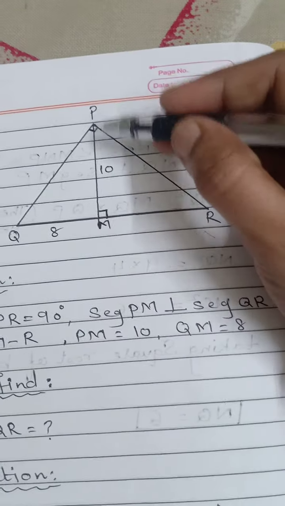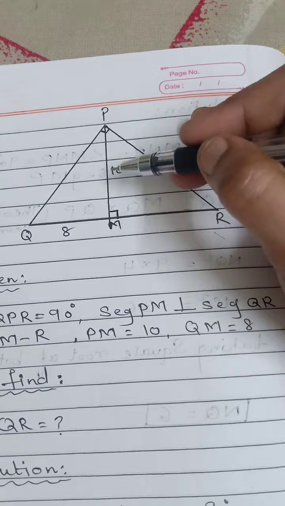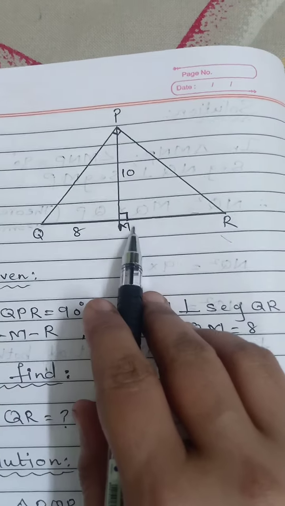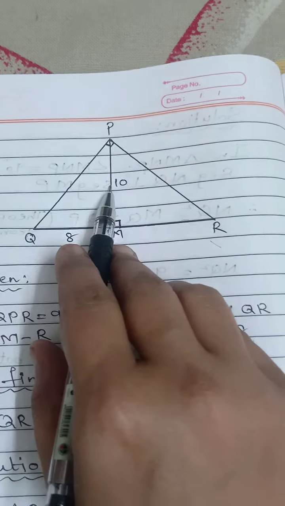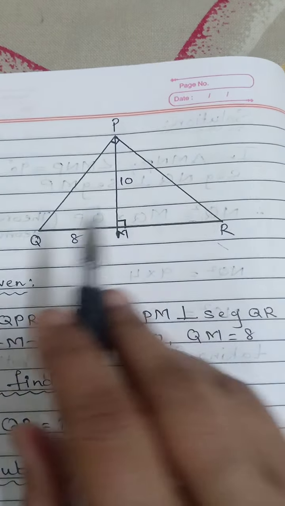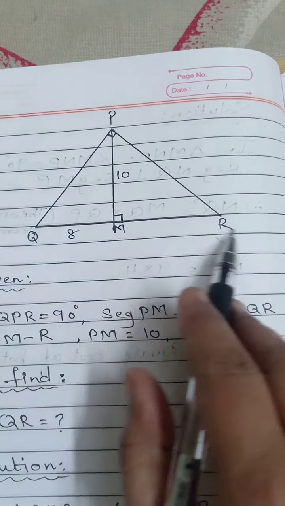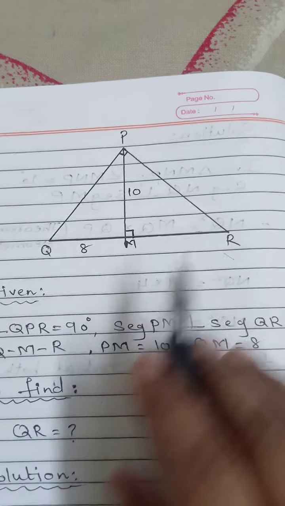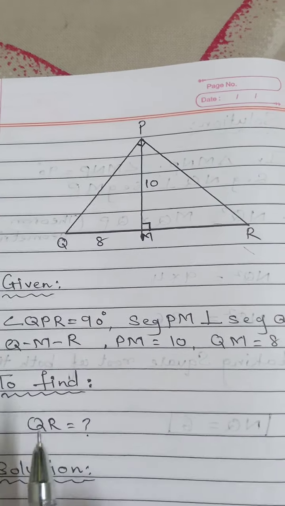Then PM square will be equal to QM into MR. So, we know PM, we know QM, so we can find MR. After getting MR, when we add QM plus MR, we can get the value of QR, and this only we want to find.